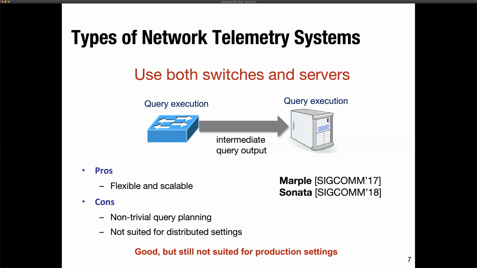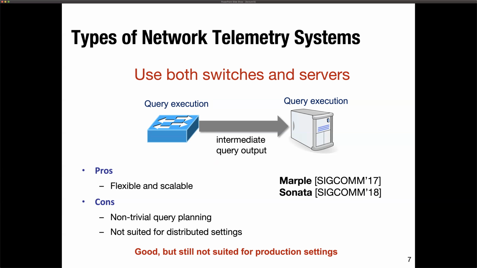Now within this spectrum, I think another set of systems that came out were systems like Marple and Sonata, which we discussed in the last class as well. The key idea here was that rather than trying to execute the entire query in the server or the entire query in the switch, it was trying to partition the query, right? And it was different from systems like Everflow and DShark, because it was trying to execute some stateful operations, or portions of the query itself, in the data plane, right?